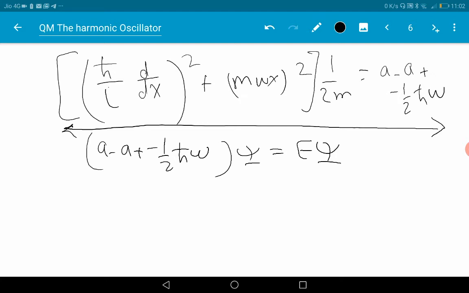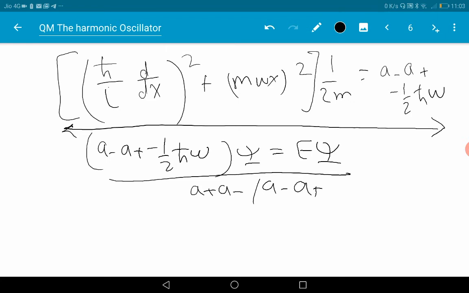Now we have this Schrodinger equation. Also, we can write the Schrodinger equation in the form of a plus a minus rather than a minus a plus.